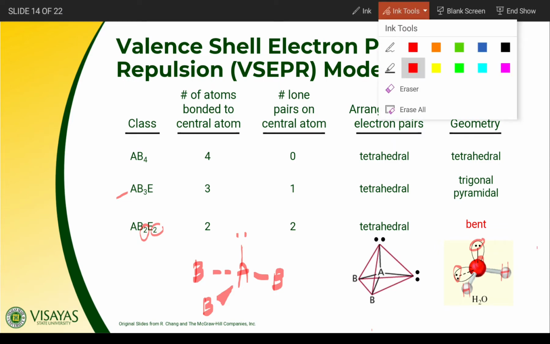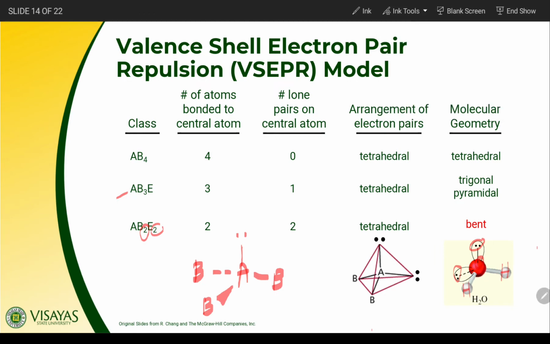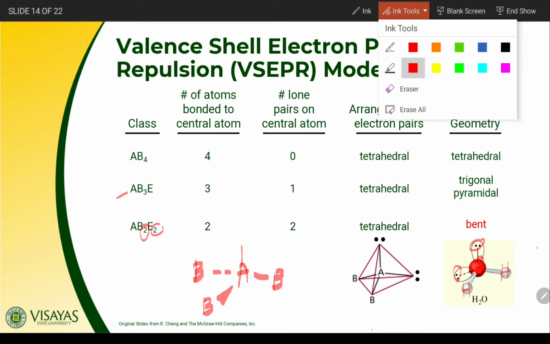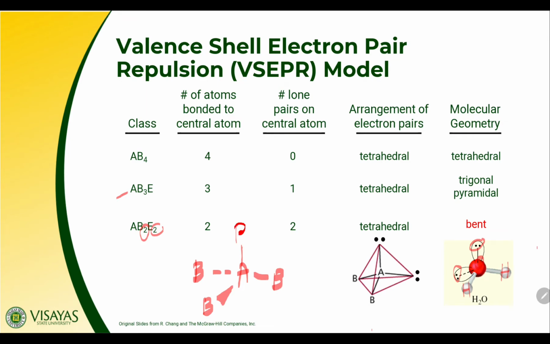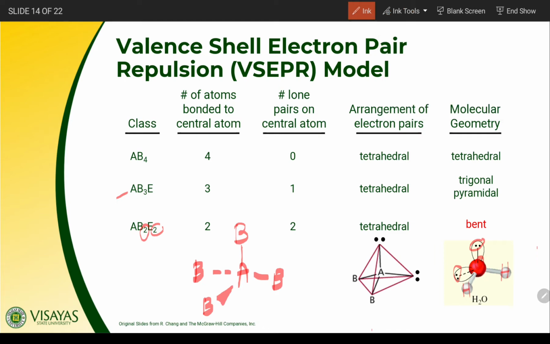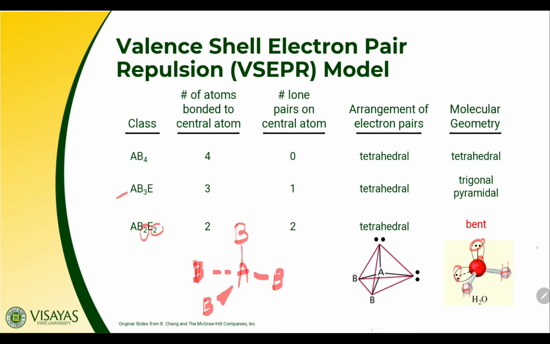Now how do we draw AB2E2? So instead of replacing the atom at the top, it stays as is. So let's erase this again. So this stays as is, and then we replace these ones here. So we replace the 2 atoms here with our lone pairs.